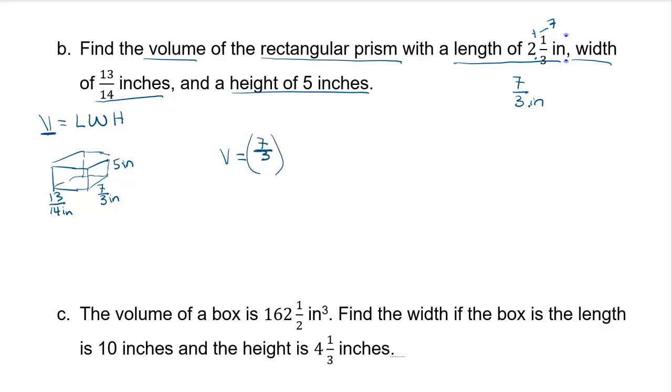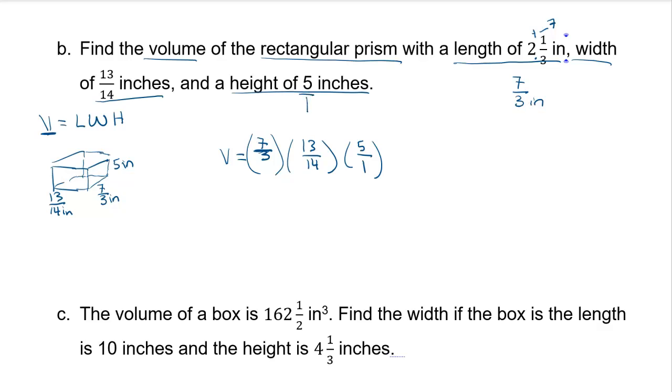I'm going to use parentheses to indicate multiplication, because for me, it's just easier to see. You could use your dots also, but do not use X's. We are beyond those because it could cause a lot of confusion. Okay, and then times 5/1, because it's a whole number in combination with fractions.